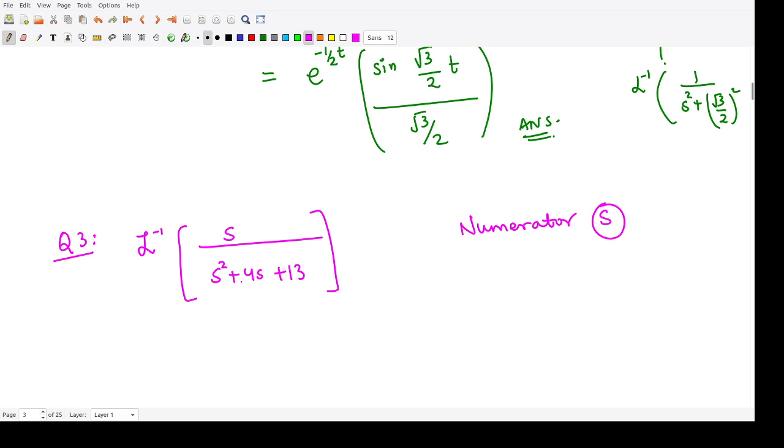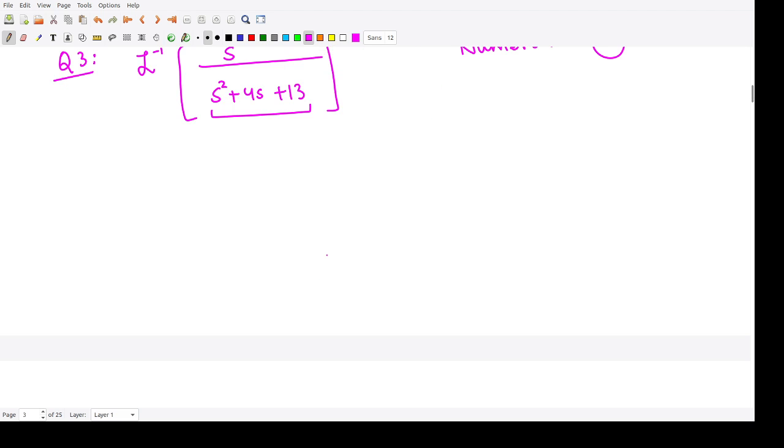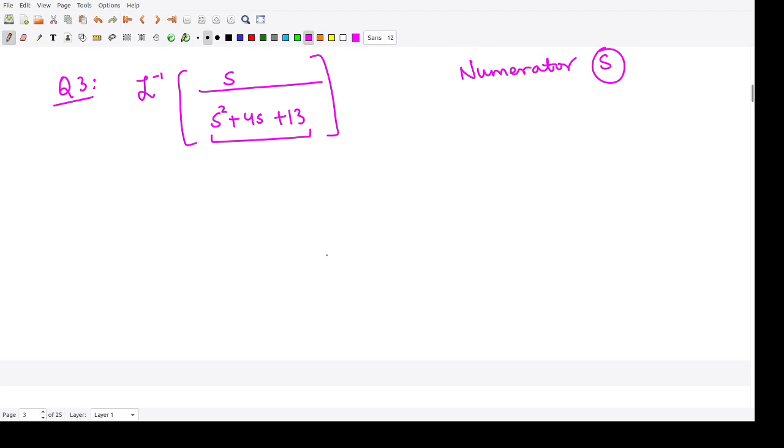So here the term in the denominator should be a perfect square of something. So here also what we'll do, we'll make the perfect square in the denominator. So for that what do you do? You take the coefficient of the mixed term. What is the mixed term? That is 4s. So its coefficient is 4.